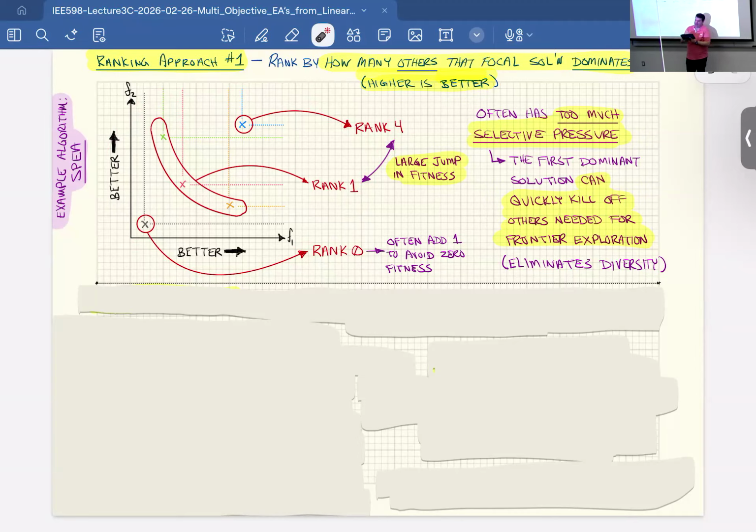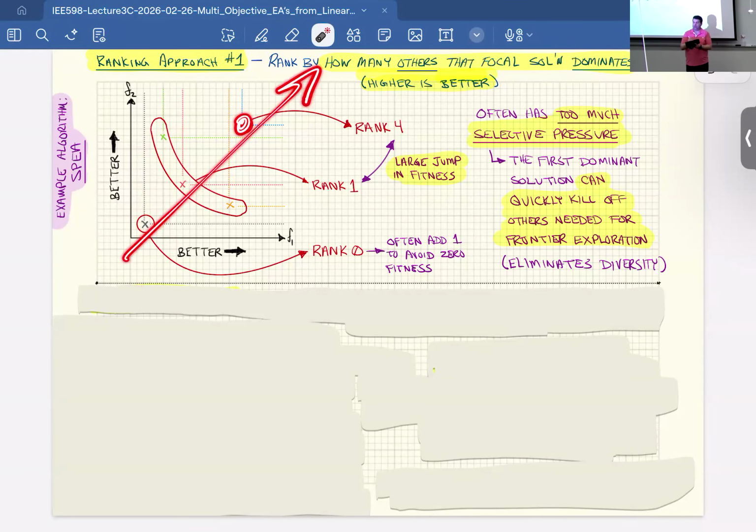So you can see that if you happen to be very close to the Pareto frontier, you might have an extremely large fitness relative to those which you would think should be kind of close behind you. So this jump from 4 to 1 is, unless you scale that down with a fitness scaling function, might mean you're going to kill off these and only be left with this one.